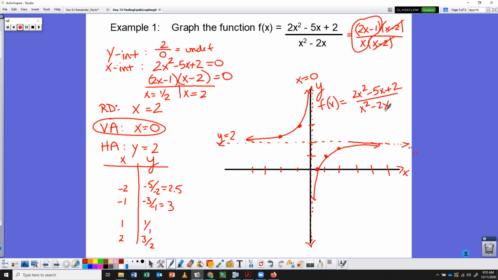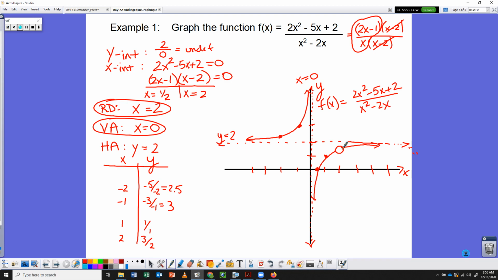And one last thing, hopefully you haven't forgotten about this, we did have a removable discontinuity at x equals 2. So wherever our graph was at an x value of 2, there's a hole in it. So go back, erase that spot of the graph, and put a hole in it.